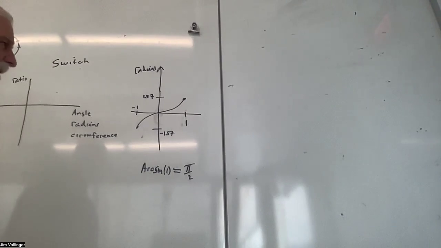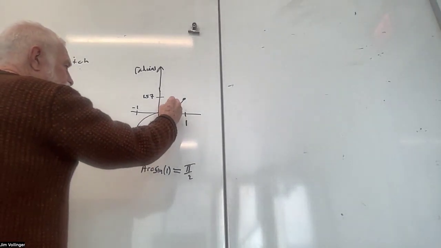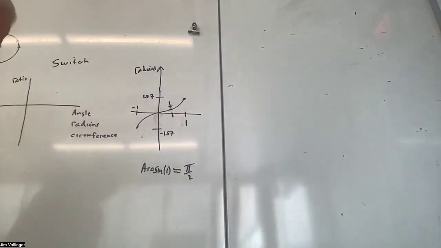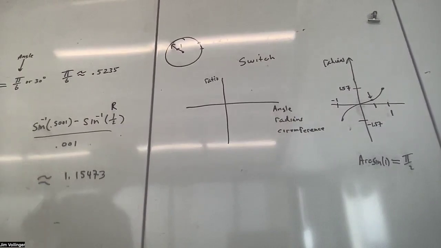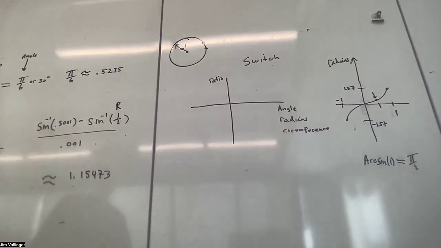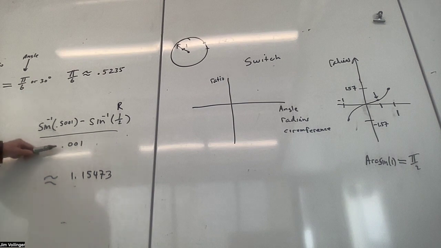So here's a half, and I want to know how it's changing at that instant. We want to look at that from a numerical standpoint. We just looked at it graphically to see if we can believe what we're looking at. And so I crunched the numbers, and I came up with 1.1547 when I moved the decimal places 3 units to the right.